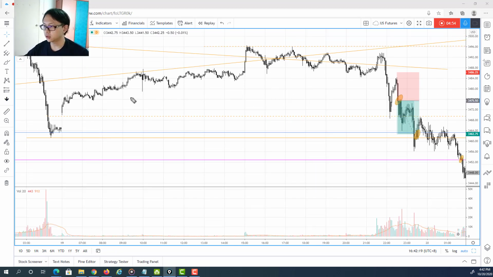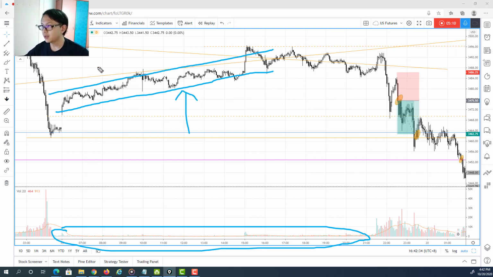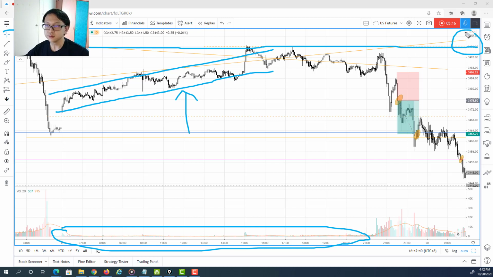As usual, I would like to analyze with the context. As we can see, this is the Globex period, the non-regular trading hours. Throughout the non-regular hours, we can definitely see that we have a wick rally up that tested the 3500 or 3490 level, and you can see that it fitted within this up channel.